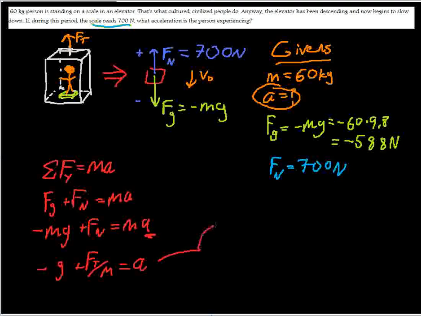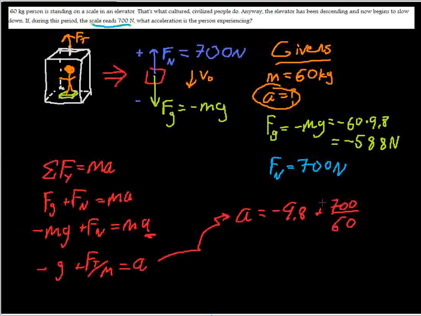I'm just going to do a little line to get it over to here. And now I can plug in numbers. So I have the acceleration equals the opposite of 9.8 plus 700 divided by 60. And for this, I am going to pull out a calculator and do the calculations.